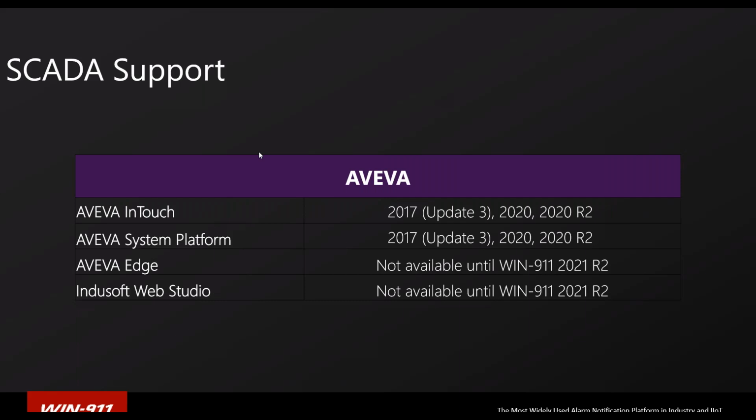So it's like one update away from dropping off that list, but I think we might go back and just support it. For AVEVA Edge and InTouch Web Studio, which are basically the same product, we're not supporting that until the next release of 2021, which again is at the end of Q3, beginning of Q4. And at that time, we will support those SCADA systems.